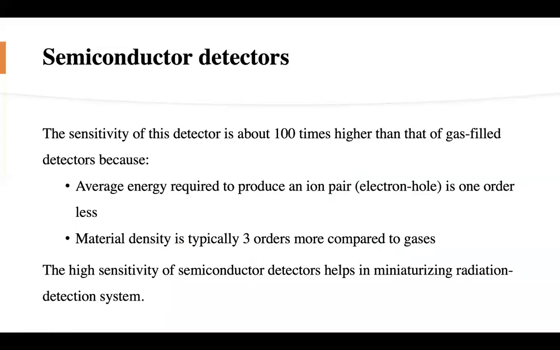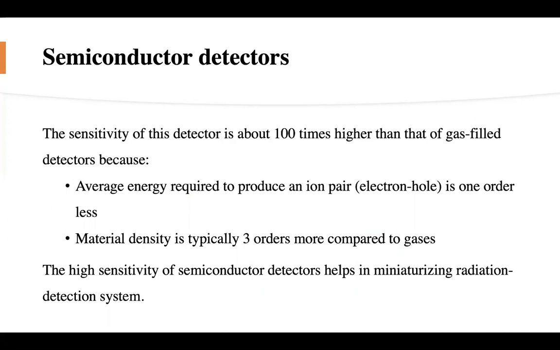The sensitivity of this detector is about 10 or 100 times higher than that of a gas-filled detector. The average energy required to produce an ion pair, as we talked about, is very low. Material density is typically 3 orders of magnitude more than that of gases in general.